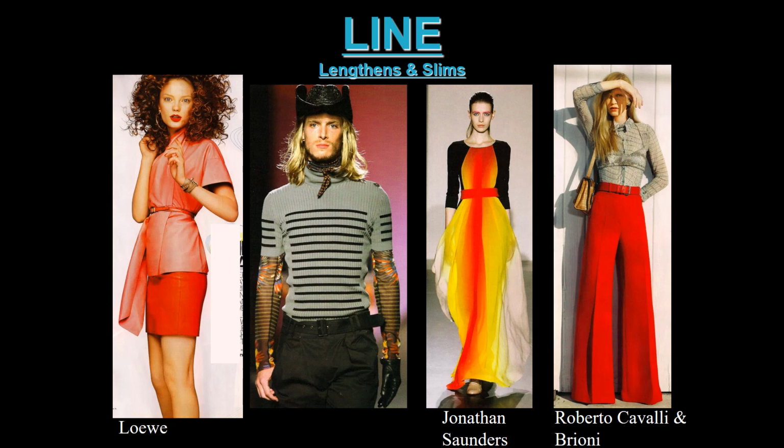The garment with yellow and that bold red line, the dress, the Jonathan Saunders, our eye really goes to that focus, that high contrast central point, and our eye moves from the top of the garment all the way to the bottom. So that play with color and line really helps create a very bold, strong look.